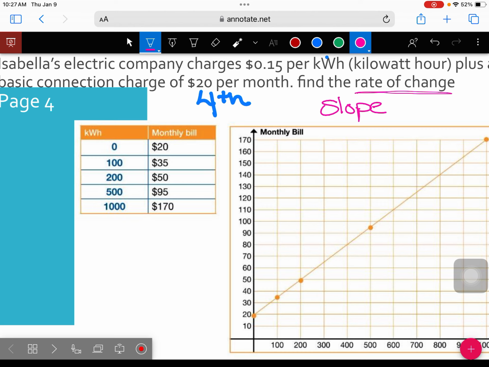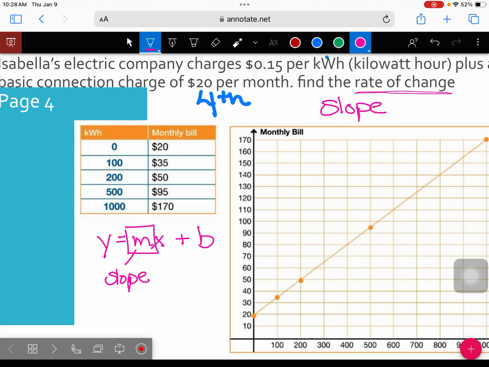M? Yes. So when you have a linear equation, y equals mx plus b, the slope is the part that is m. That is correct. Do we have a linear equation here for us?